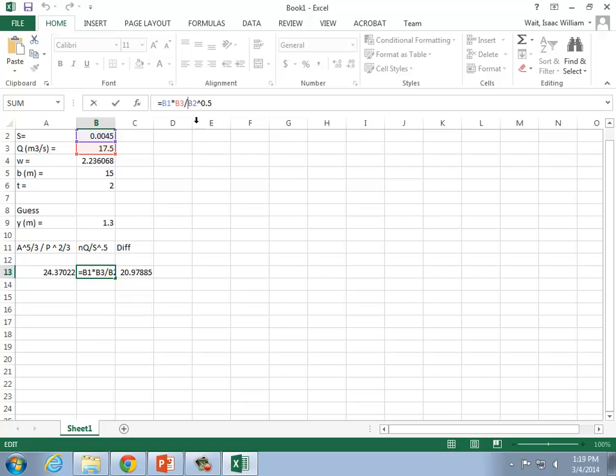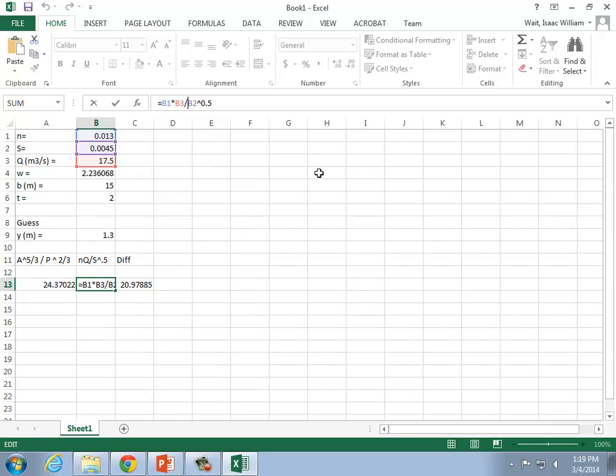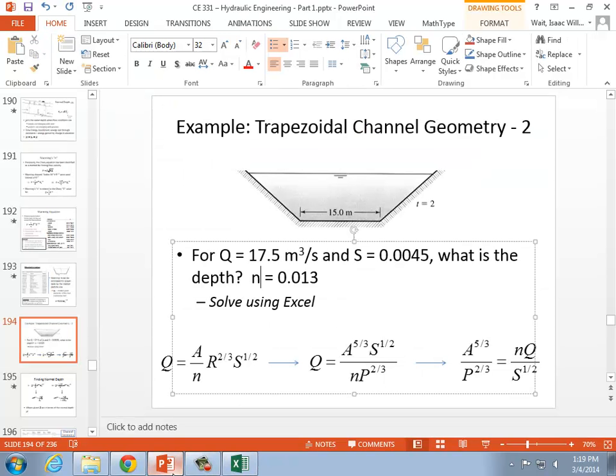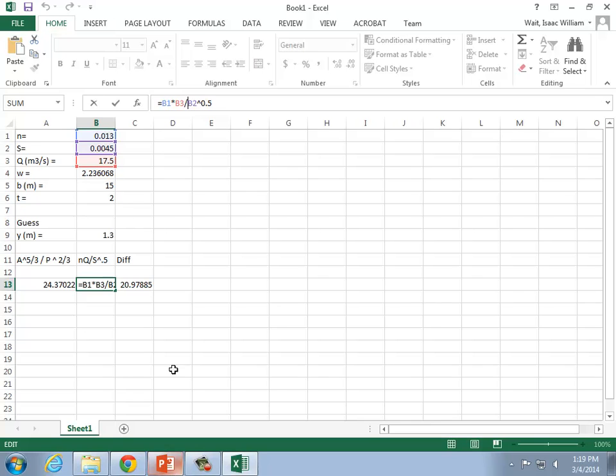Q times n. Oh, I've got the B1, B3, and B2. Okay. 17.5. All right, well, let's just see what we get. That may not be wrong after all.